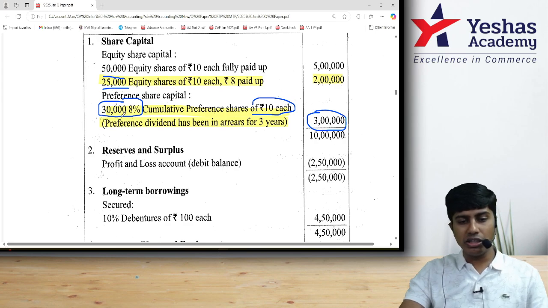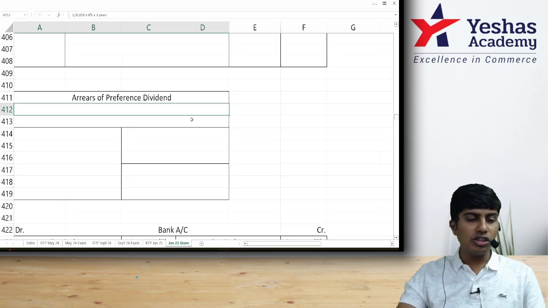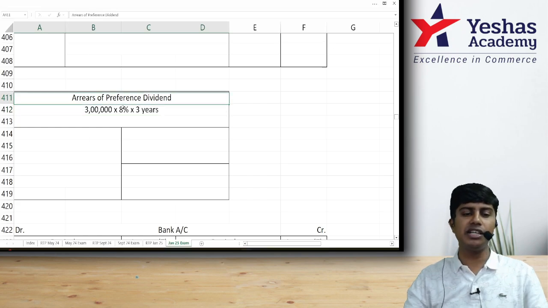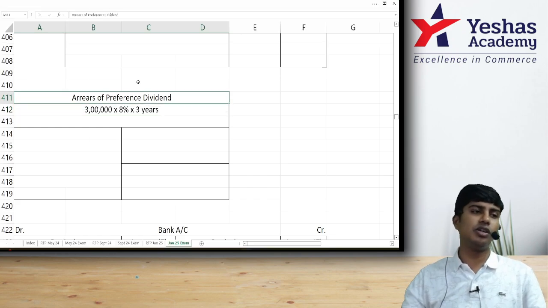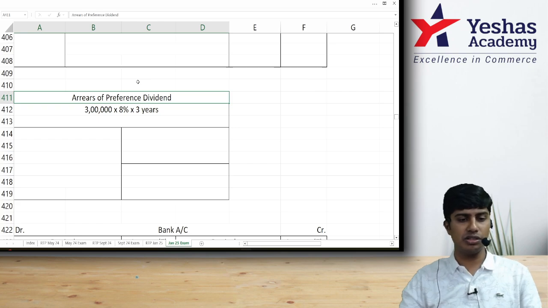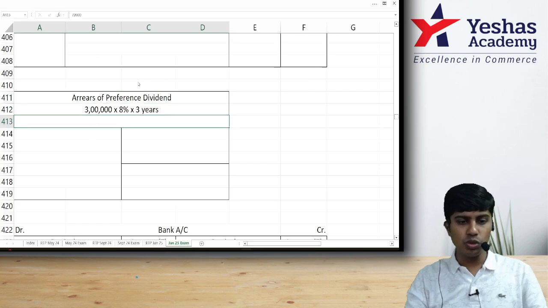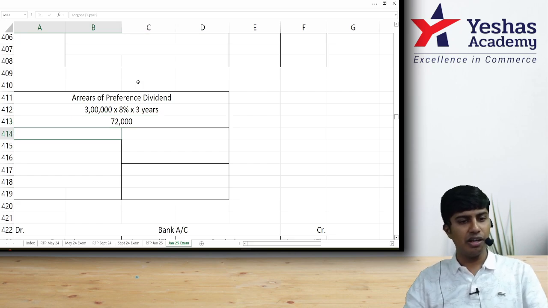So, you can do 30,000 into 10 into 8% or 3 lakh into 8% for 3 years. That's what is outstanding. 72,000 is the total arrears of preference dividend.